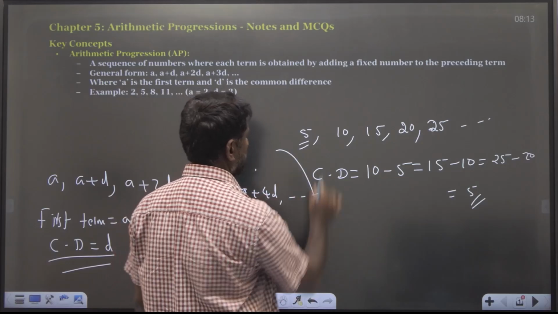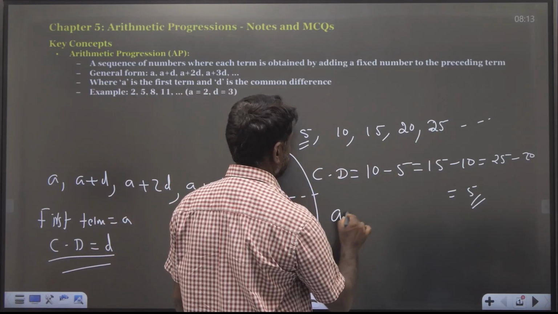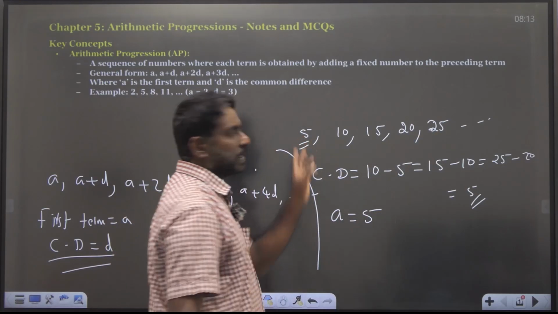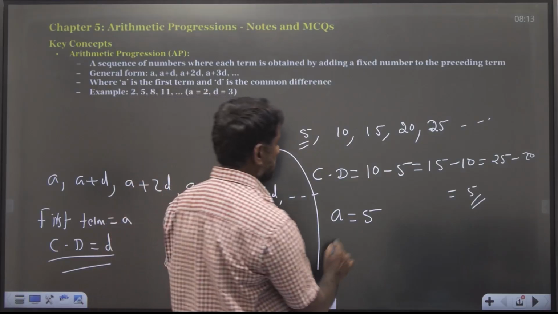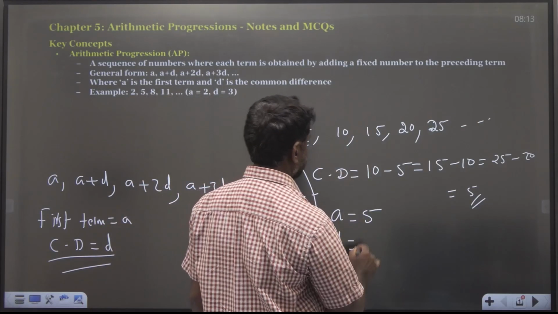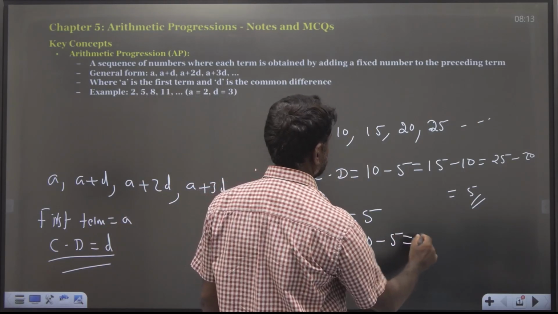In this example, what is a? a is equal to 5, the first term is 5. What is d? d is equal to 10 minus 5, that is again 5.